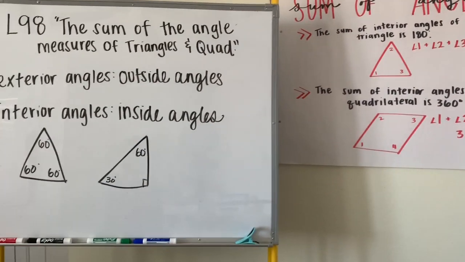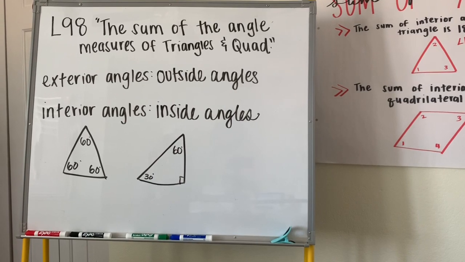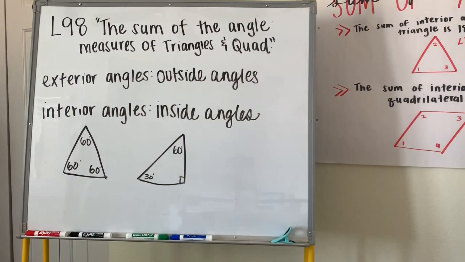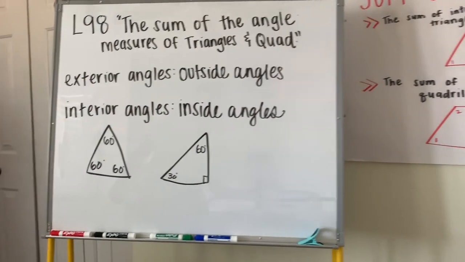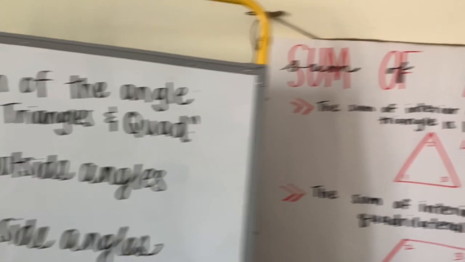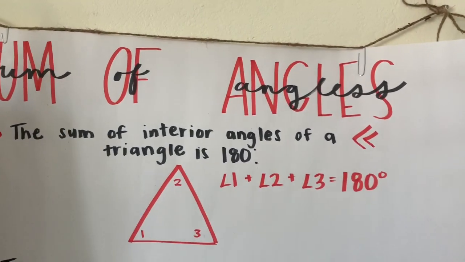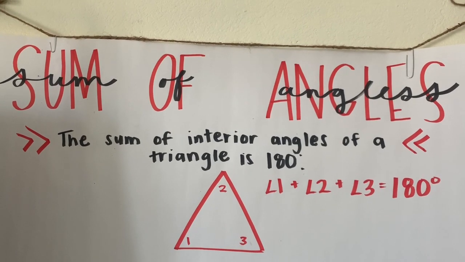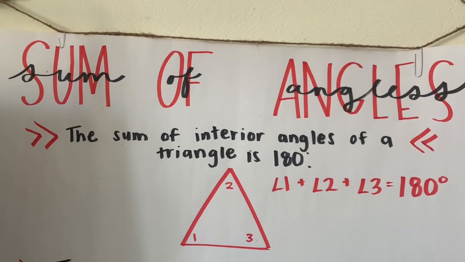So we can conclude that the sum of a triangle's angles will equal 180 degrees. So if you have a notebook or a piece of paper, here's what I would like for you to write down. The sum of interior angles of a triangle is 180 degrees.